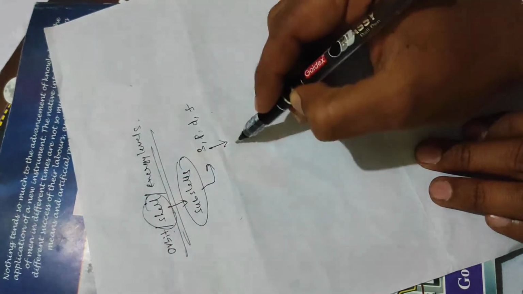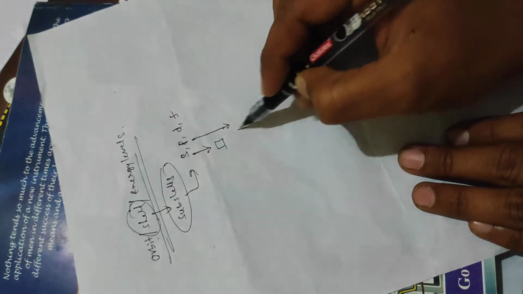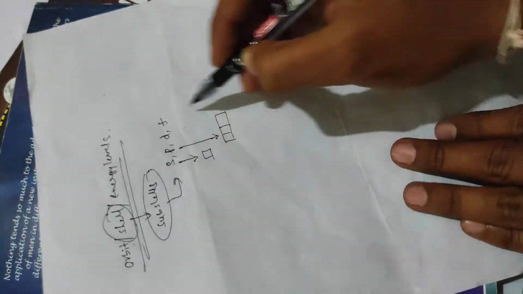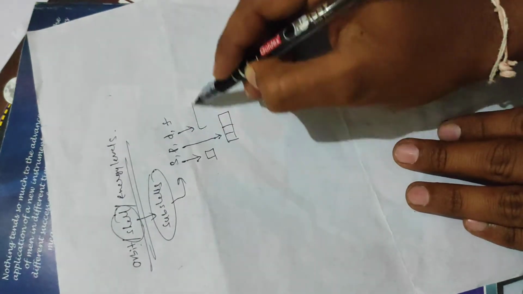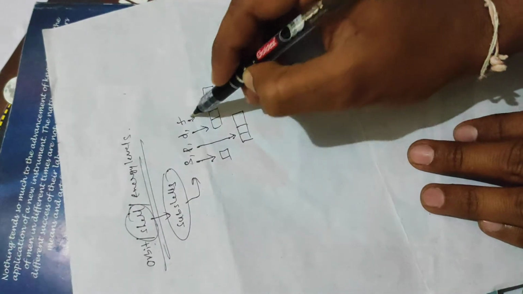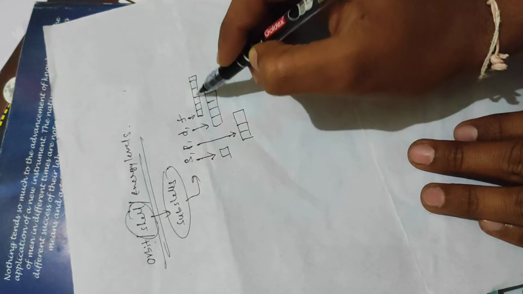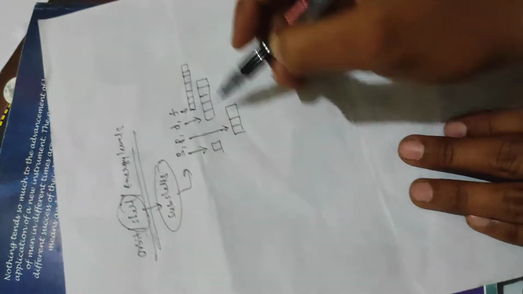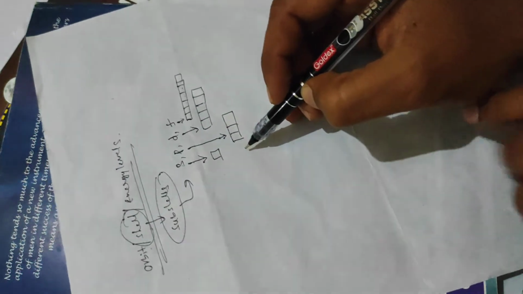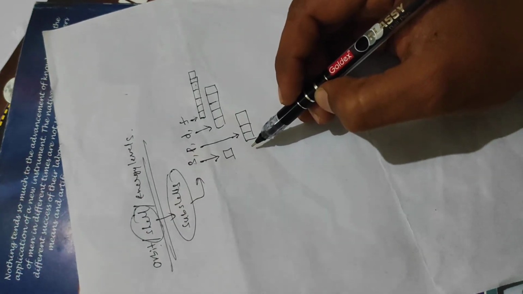The s subshell has 1 orbital, p subshell has 3 orbitals, d subshell has 5 orbitals, and f subshell has 7 orbitals: 1, 2, 3, 4, 5, 6 and 7. Each orbital accommodates a maximum of 2 electrons.